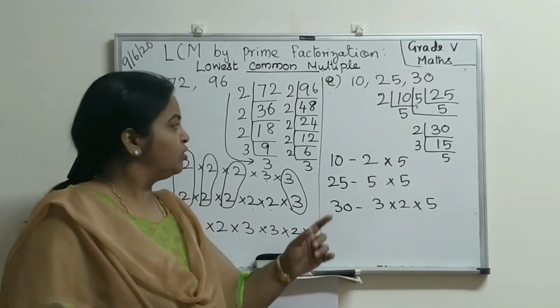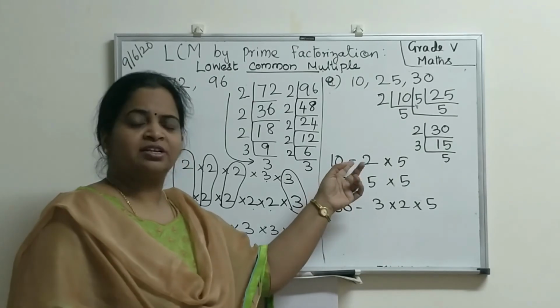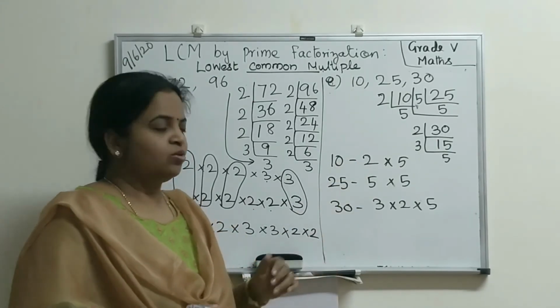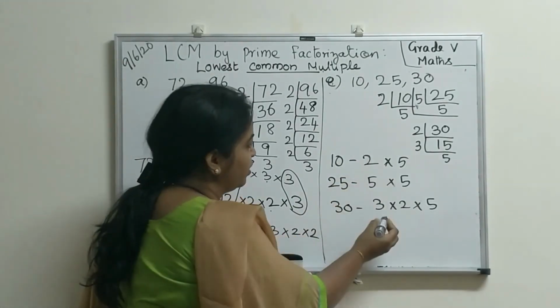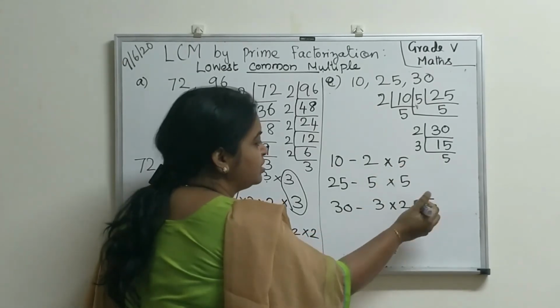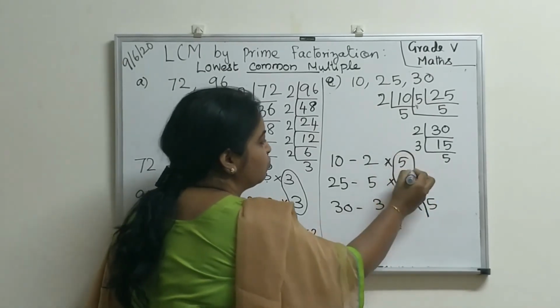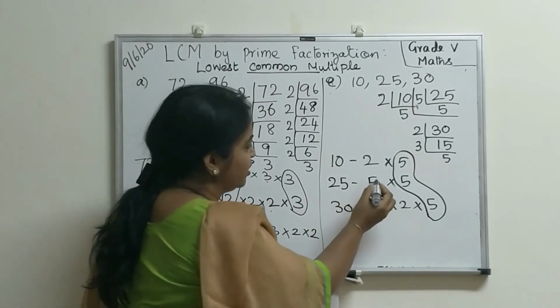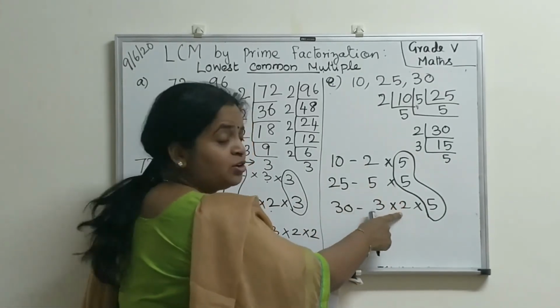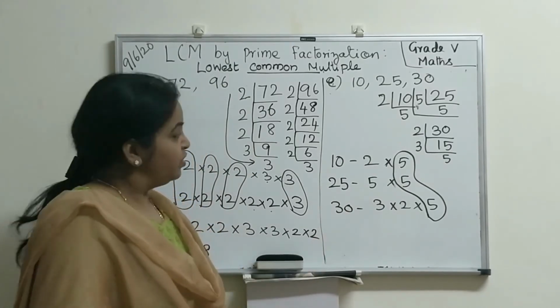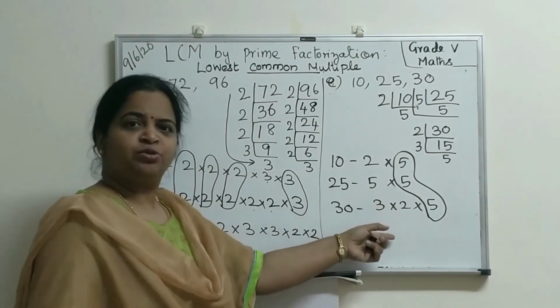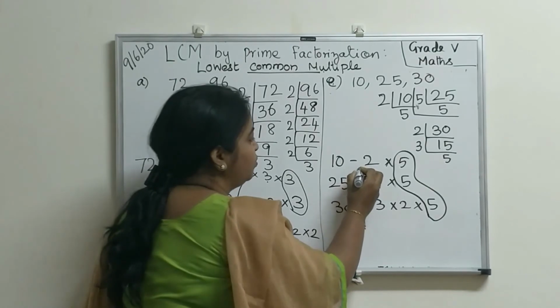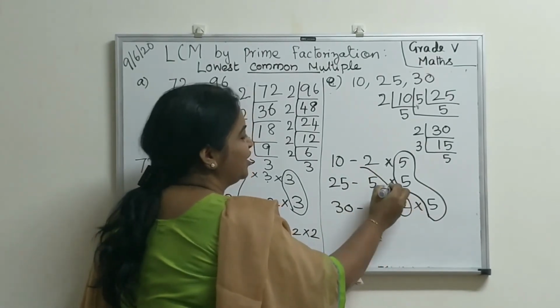We are going to take the common factors between three numbers. Okay. What are the common factors? Here in all the numbers we have 5. Okay. Then what is the next one? Here 2 is there. Here 2 is there. We can take this number. It is common to two numbers, right? So we can take two numbers.